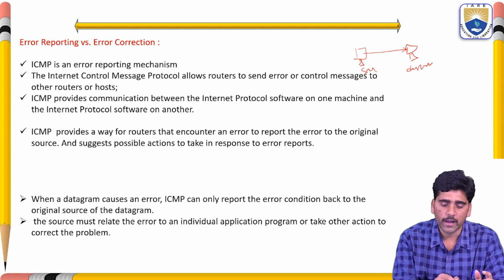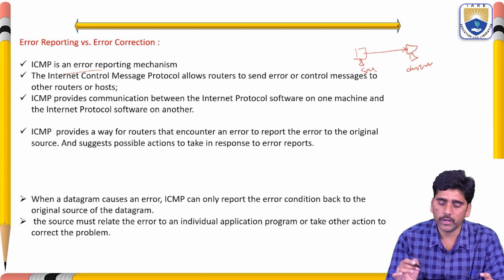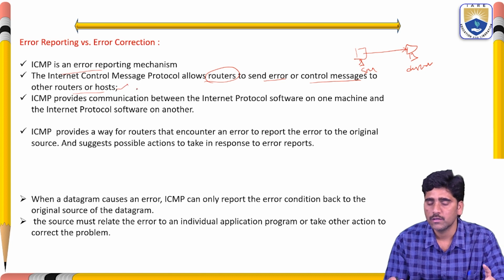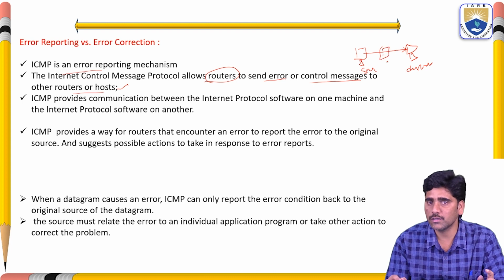So here ICMP is an error reporting mechanism. It allows routers to send error or control messages to other routers or hosts. ICMP says that the routers have to inform whether the data transmission has failed or succeeded.